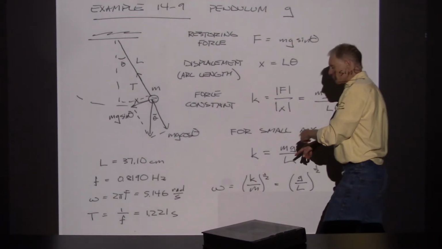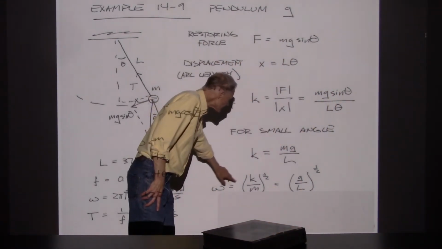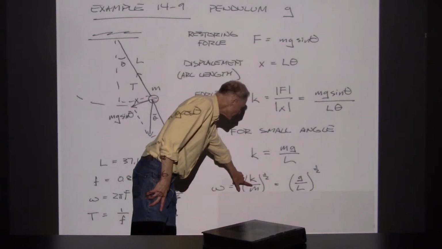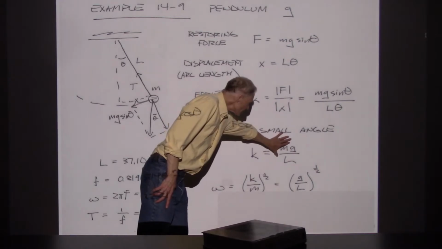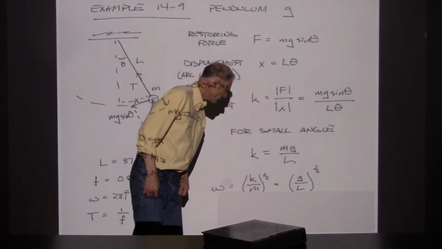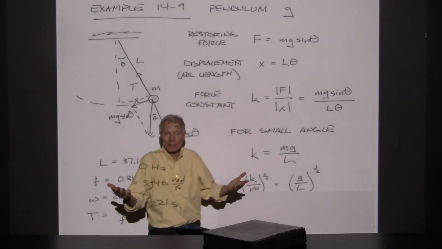Here's the final step that I didn't include before. Omega is given by the force constant divided by mass, and we take the square root of that. When I substitute in mg over L and divide through, the masses cancel out.